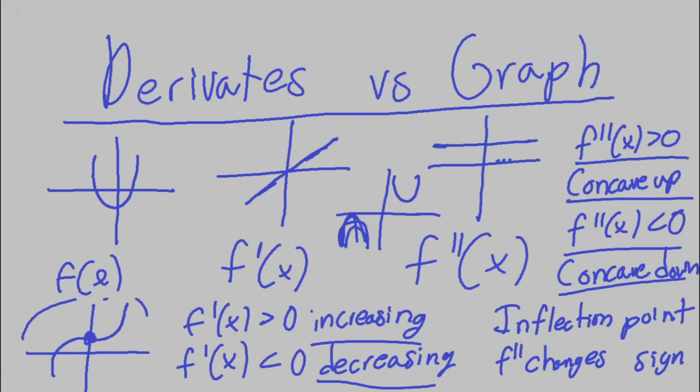At x equals 0, we can see the concavity is changing, going from concaving down to concaving up. That shows an inflection point because the concavity changes right there, at which point f double prime of the function would be 0, no matter what the velocity is.